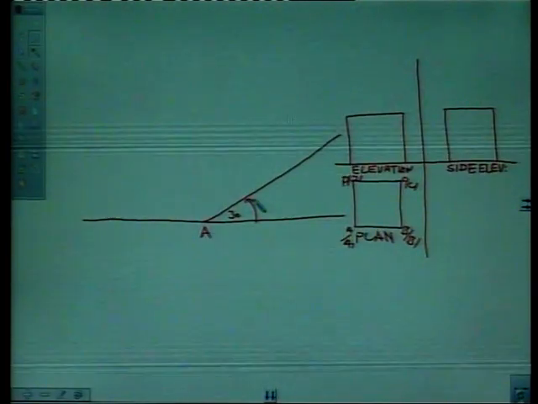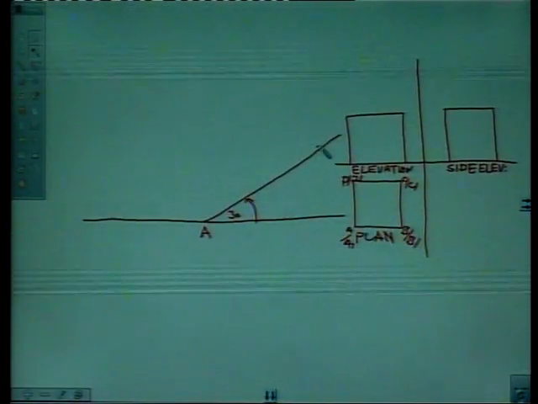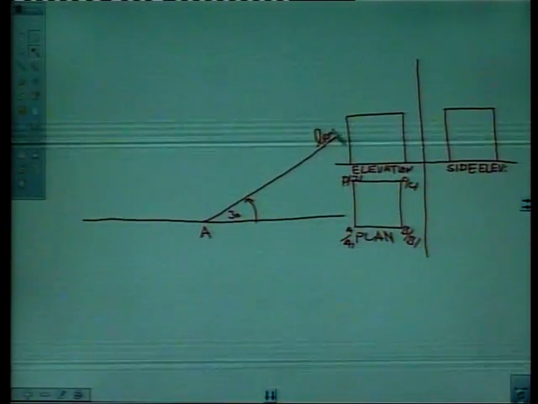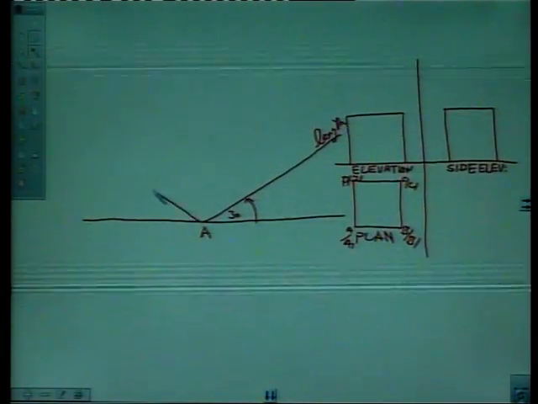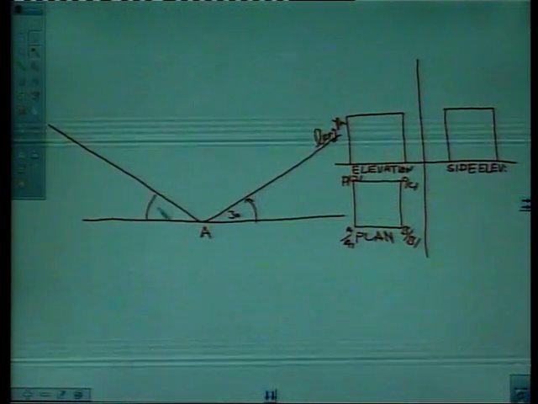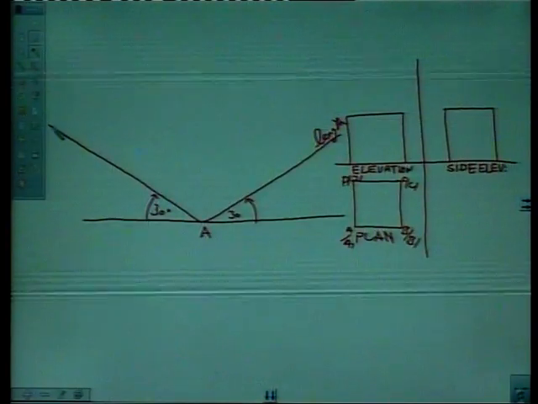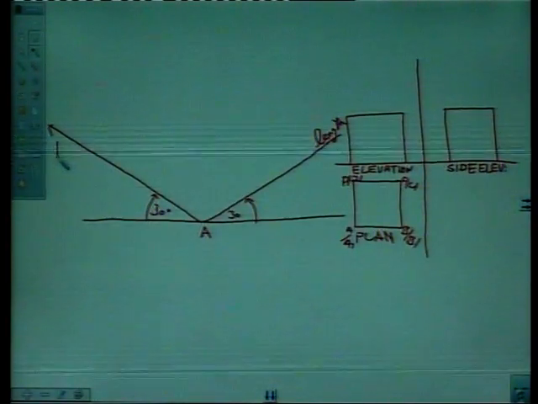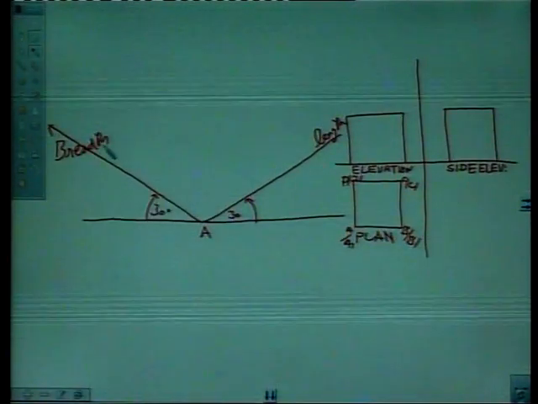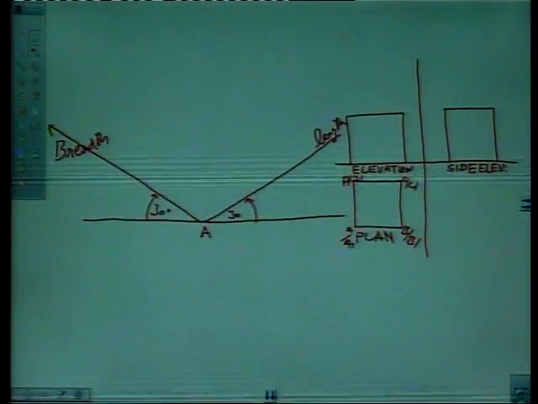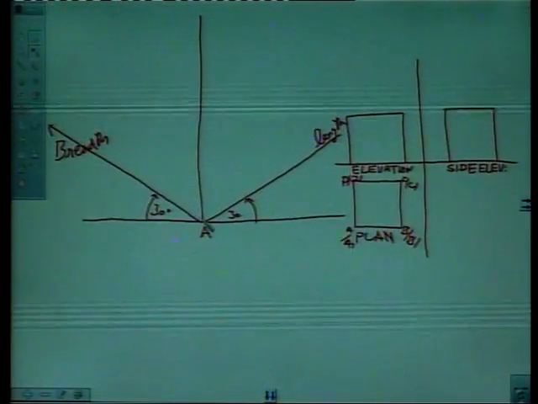This angle is 30 degrees for isometrics, and this line may be representing, say, the length of the object. Draw another line here. This is again 30 degrees. This may represent the breadth of the object, and draw a line perpendicular at point A like this.